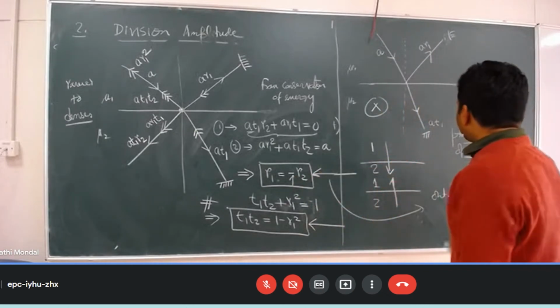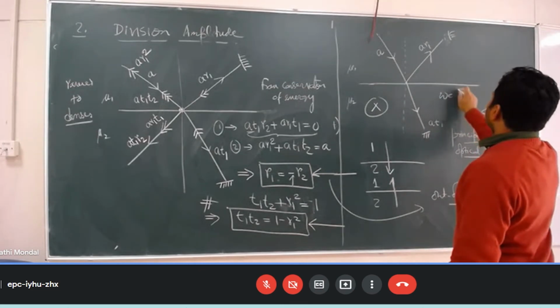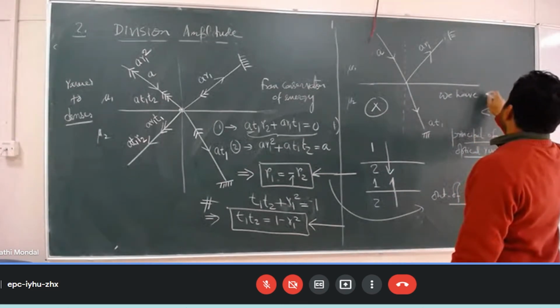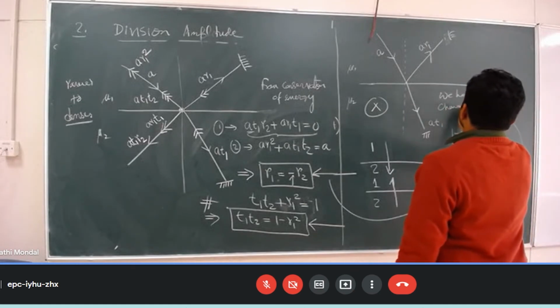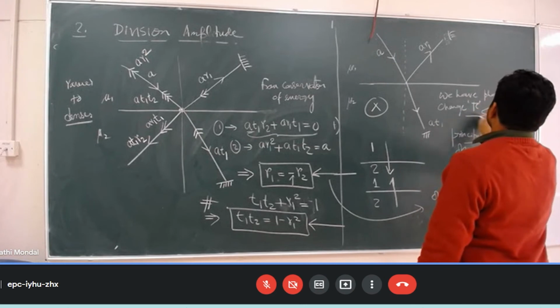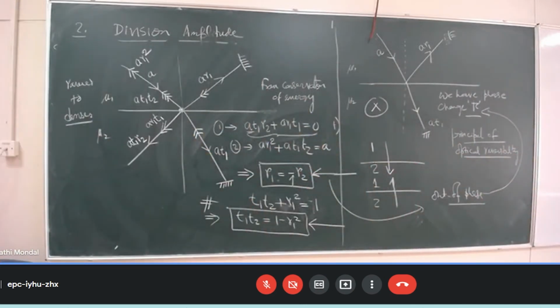Which means that we have a phase change of pi. Okay? A pi phase change happens, only then will you get negative, and that is out of phase.